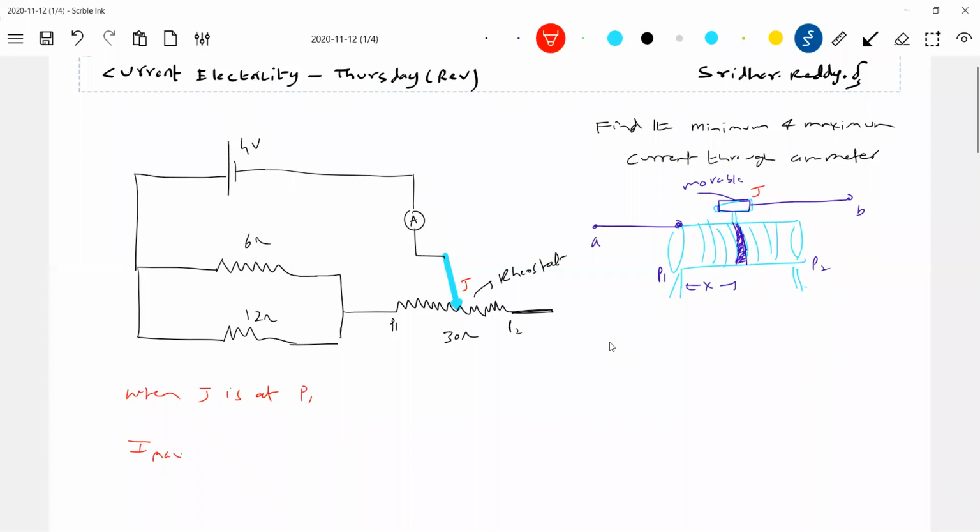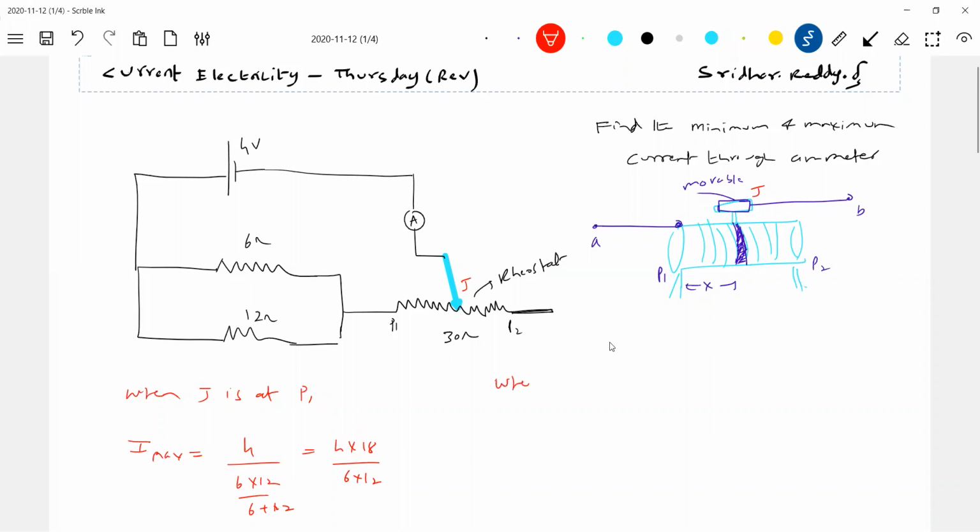Shall we go for maximum? That is 4 by 6 into 12 by 6 plus 12, which is 4 into 18 by 6 into 12. You'll get I max.